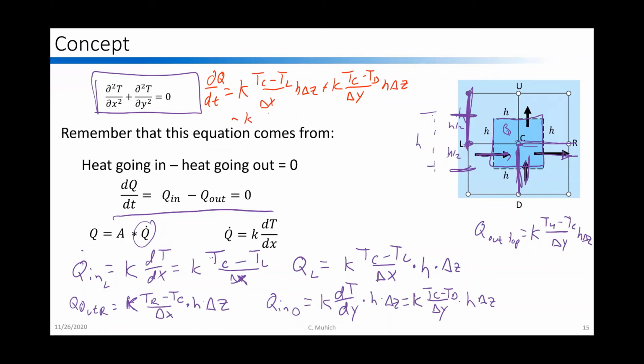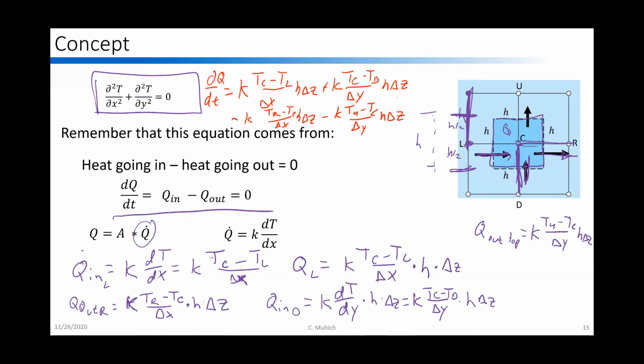So that's K (TR minus TC) over delta x, h delta z, minus K (TU minus TC) over delta y, h delta z.